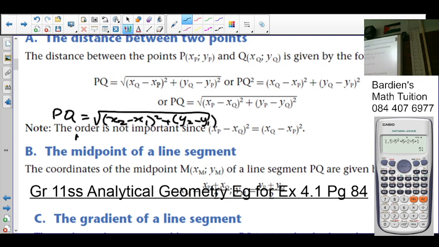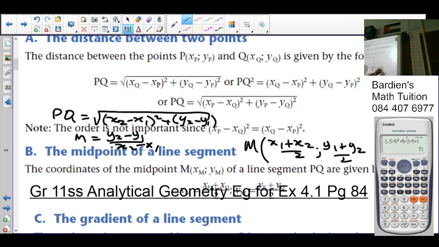And the gradient is the same as we did before, y2 minus y1 over x2 minus x1, as well as the midpoint. The midpoint is going to be x1 plus x2 over 2, y1 plus y2 over 2.